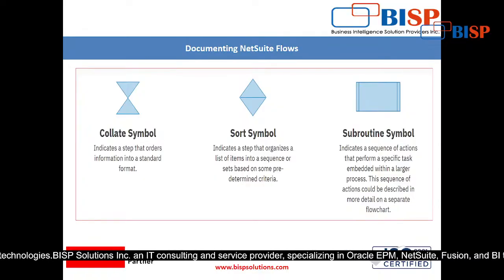Collate symbol indicates a step that orders information into a standard format. For example, there is a sales order in which we are receiving so many documents. Now, these icons are used for manual processes, not for complete functional technical purpose.